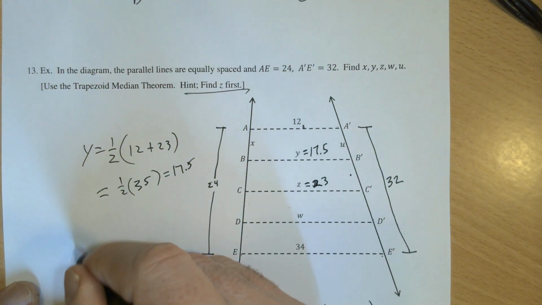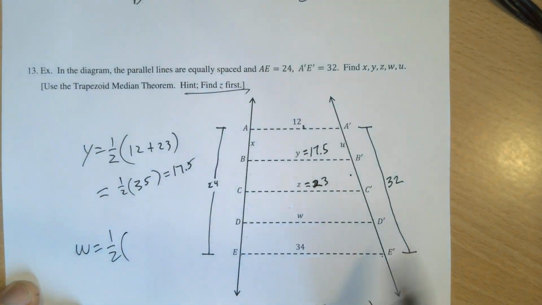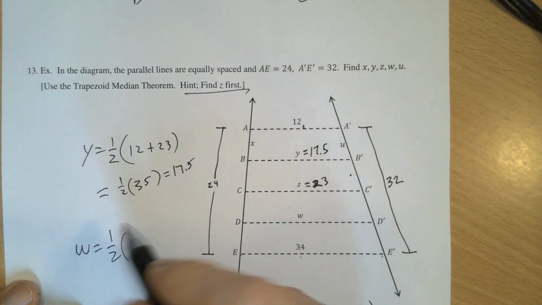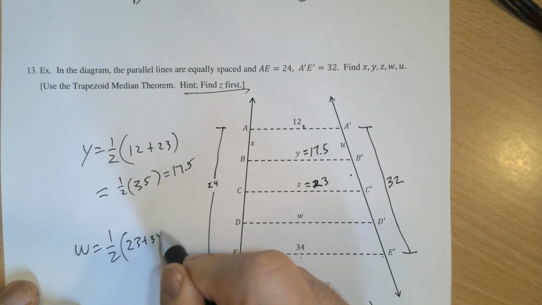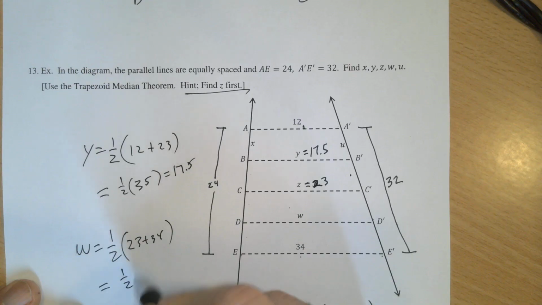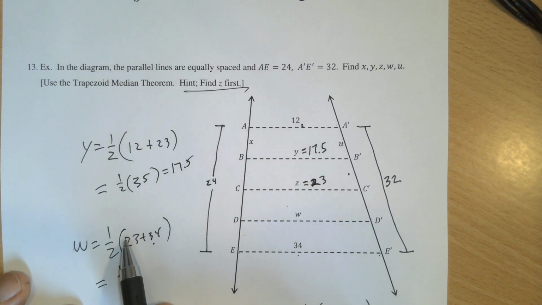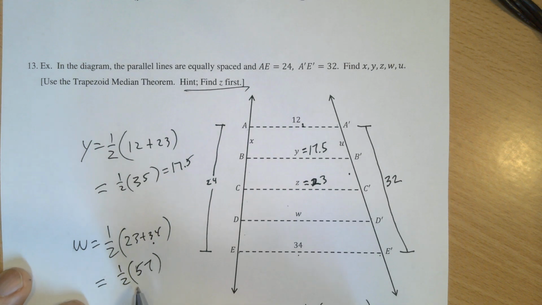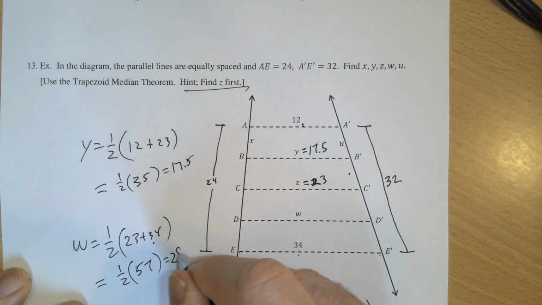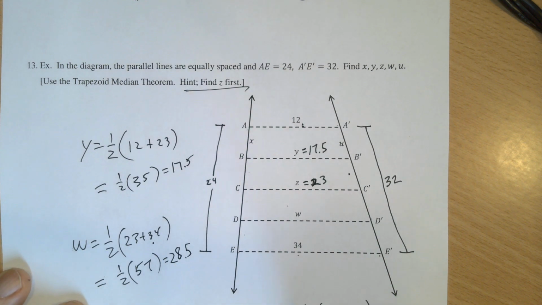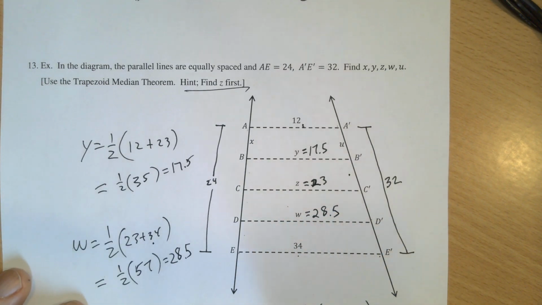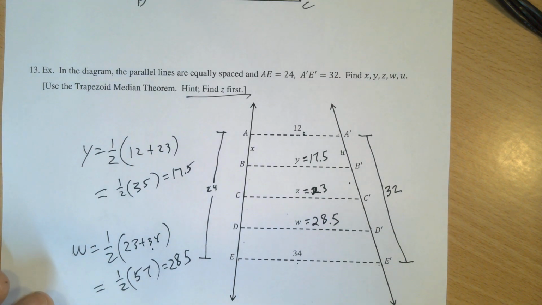So w is going to be 1/2 of 23 plus 34. That's 1/2 of 57, which is 28.5.